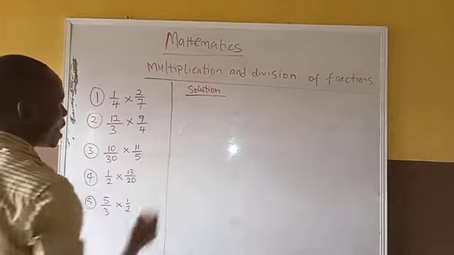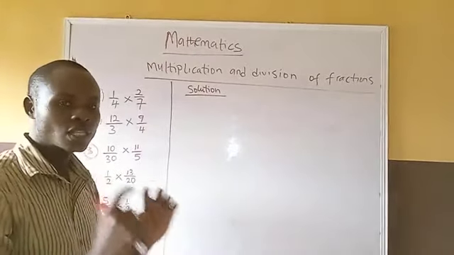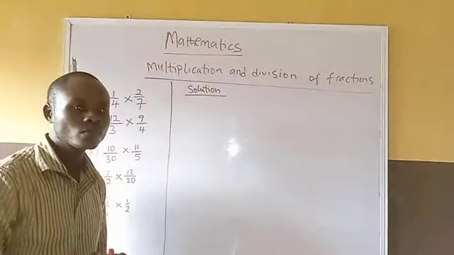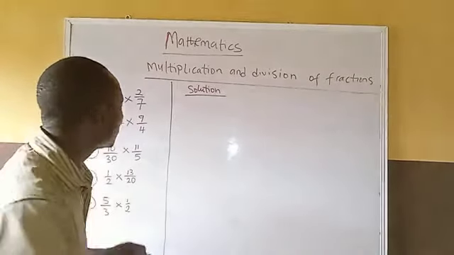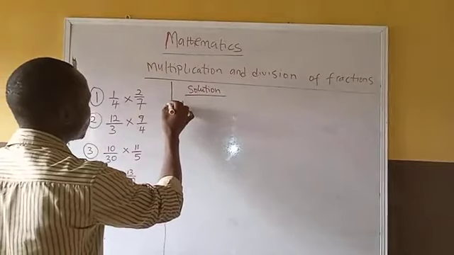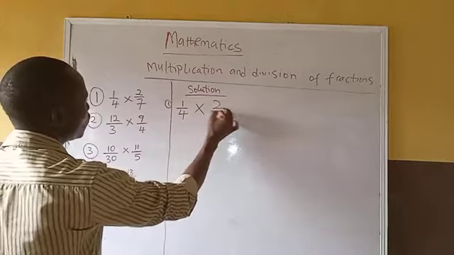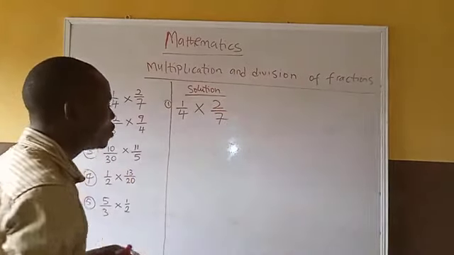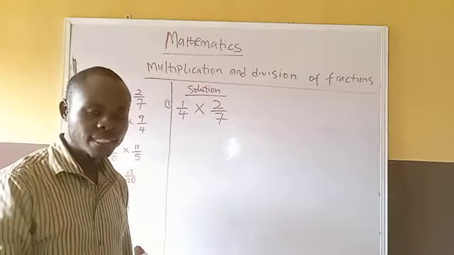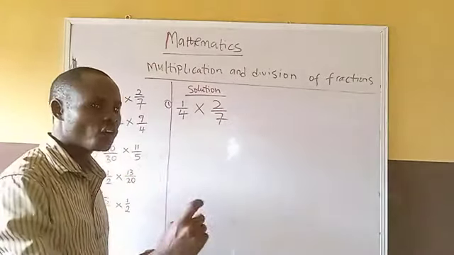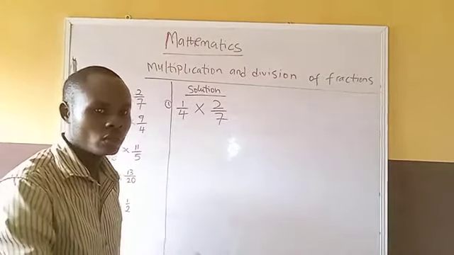When it comes to multiplication and division of fractions, there are some certain things you need to know, and when you understand this, you will not miss it. This is our question number 1: 1/4 times 2/7. In addition and subtraction, the first thing you should do is look for the LCM of the denominators, the numbers below.